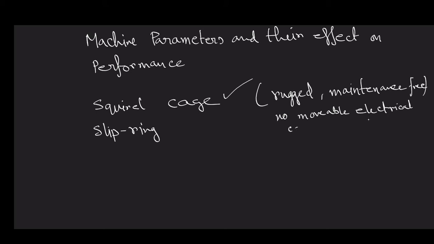This is a very important feature of the squirrel cage induction machine. If you use a brush slip ring or brush commutator, any movable electrical contact point will have a spark, and that movable contact point will be subject to wear and tear.